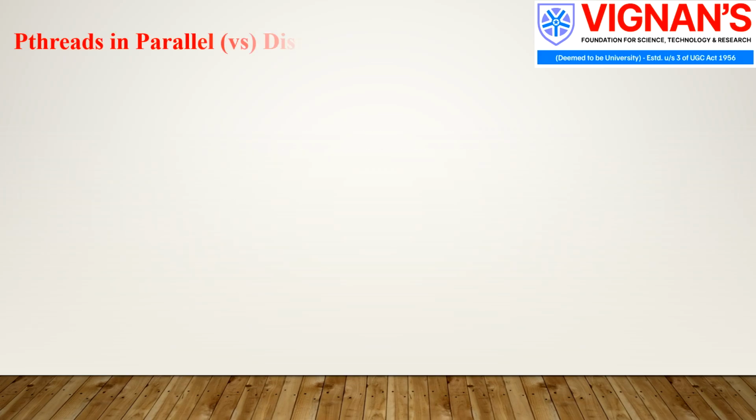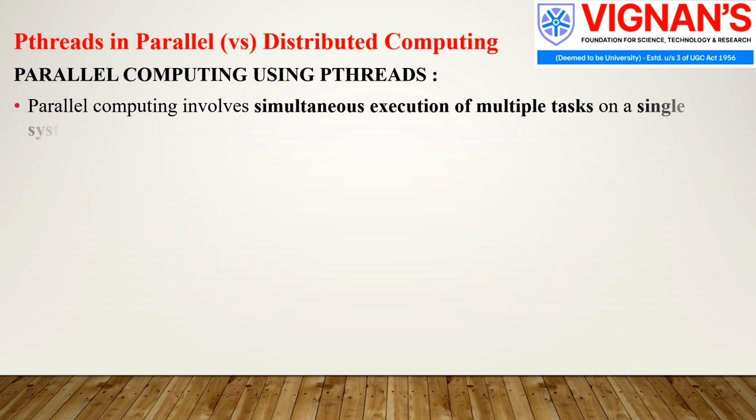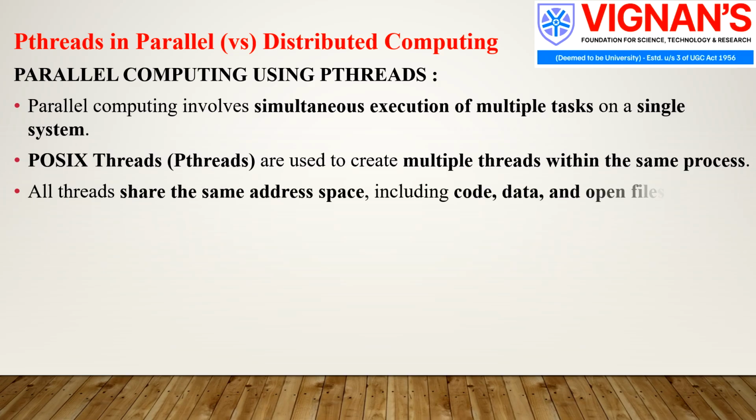This slide explains parallel computing using POSIX Threads, also known as Pthreads. Parallel computing involves the simultaneous execution of multiple tasks on a single computing system. POSIX Threads are used to create multiple threads within the same process, enabling concurrency. All threads share the same address space, including program code, data, and open files.